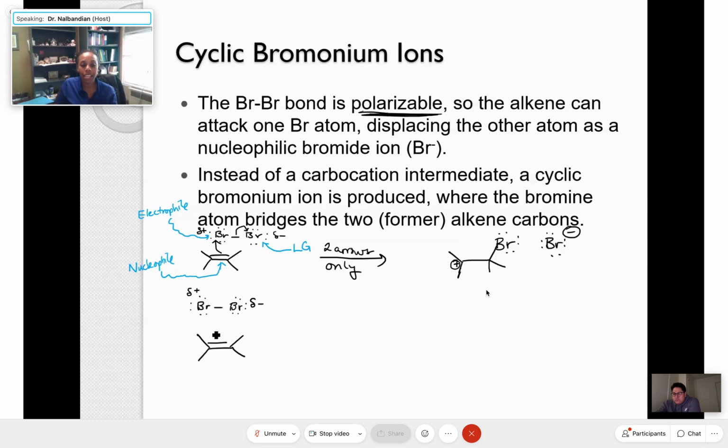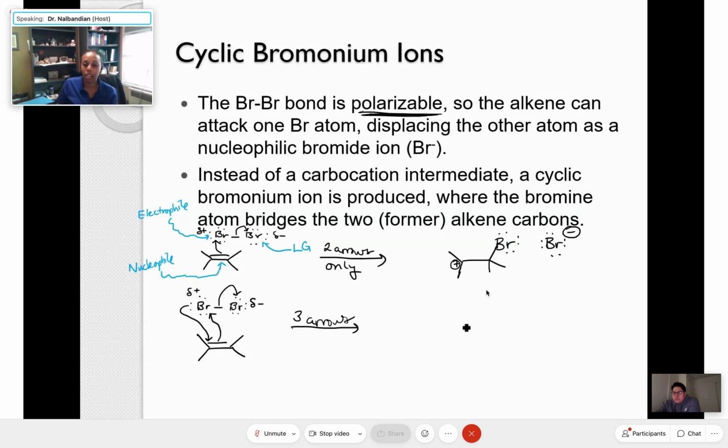But this is what actually happens. What actually happens is our nucleophile, that double bond, attacks the electrophile with the partial positive. The leaving group leaves. And we have an arrow from one of the lone pairs on the bromine to one of those carbons of the alkene. So here we're now doing 3 arrows.